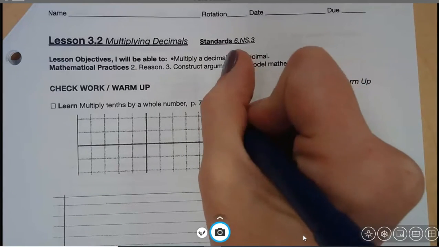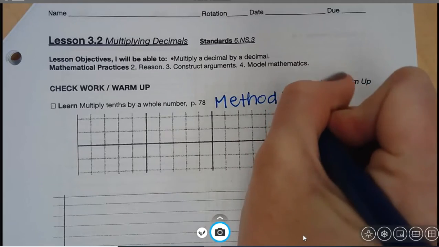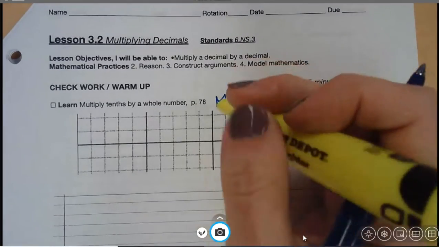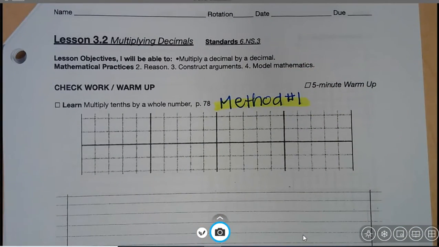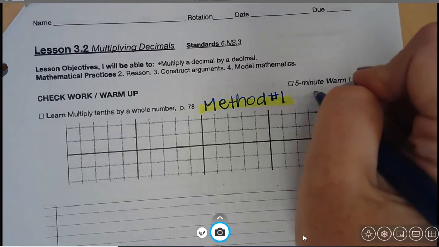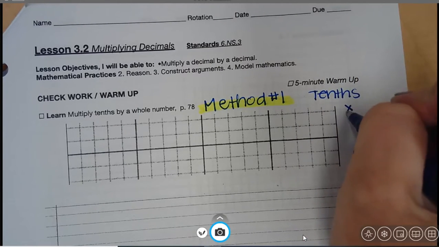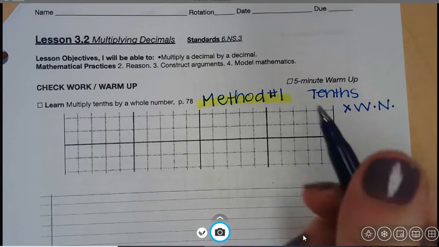So basically, we're going to call this method number 1, which is using a number line. We can multiply the tenths place by a whole number using a number line.